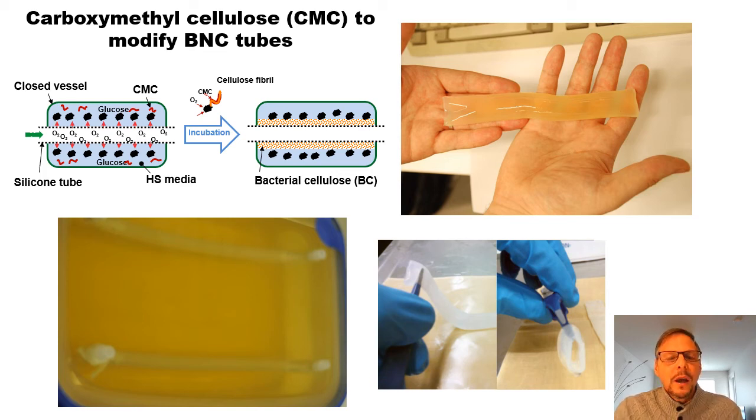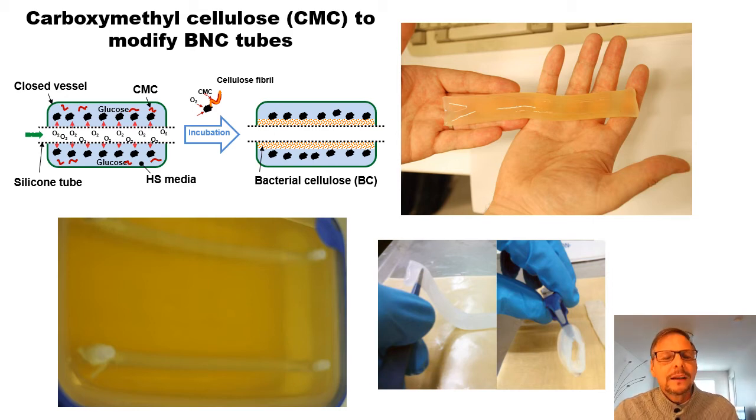One little detail here is that in order for us to activate, to make more reactive the cellulose that is produced, we did the incubation in the presence of a molecule called carboxymethyl cellulose. So that helps to bring to the system some negative charges, and those negative groups, carboxylic groups, can be quite useful to modify the membrane, in this case the tubular membrane that is produced.